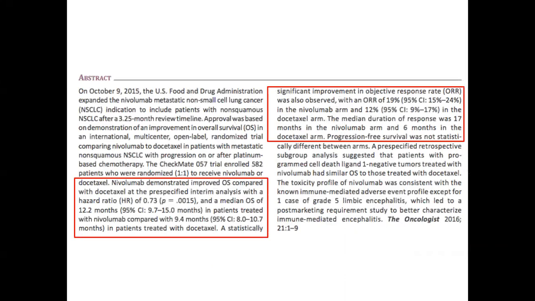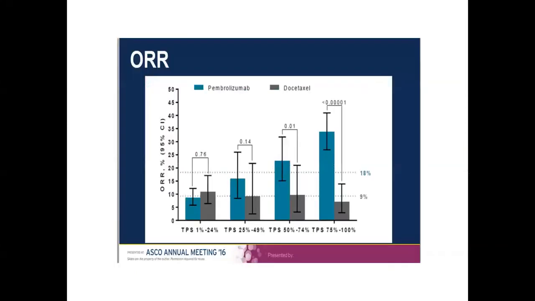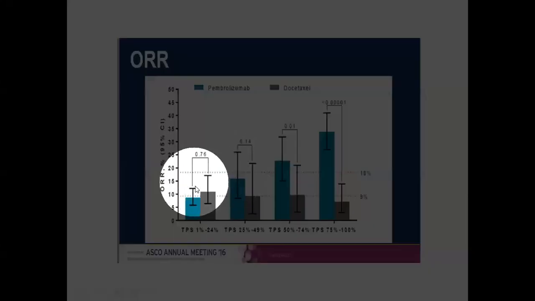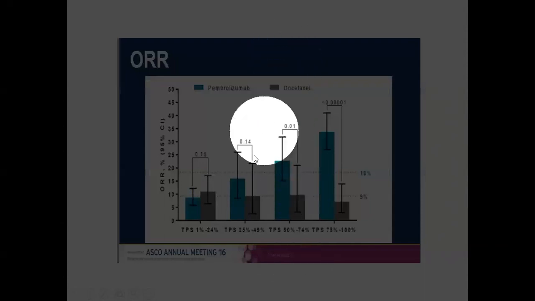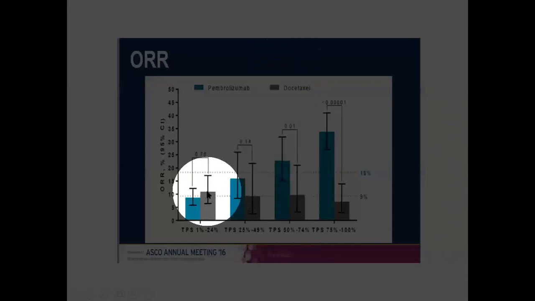So 1%. Somebody says 10%. Anybody else? You're going to ask me a question. The question is this one. Look at this. This was a study, docetaxel versus anti-PD-1, looking at progression-free survival. Docetaxel is the gray bar. If you were 1% or less, you were equal.